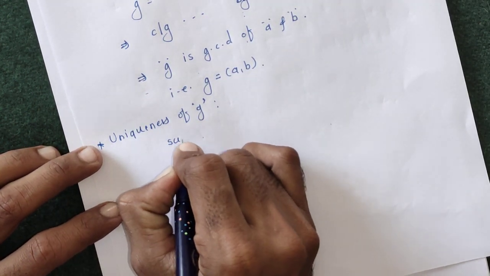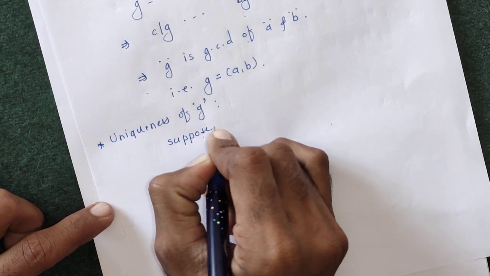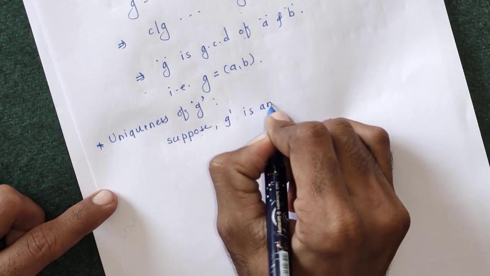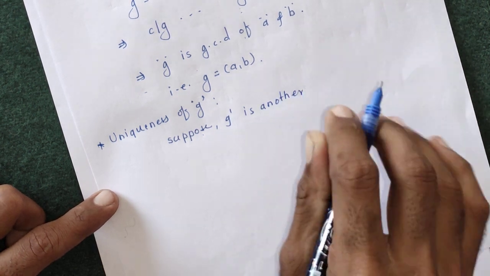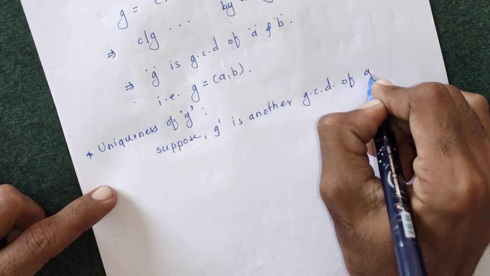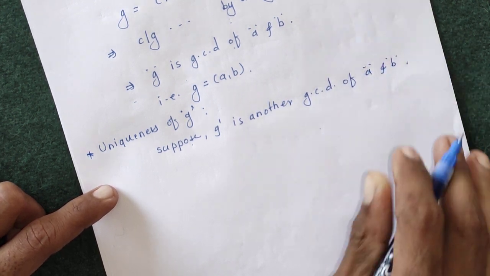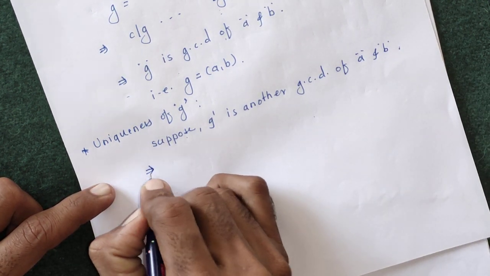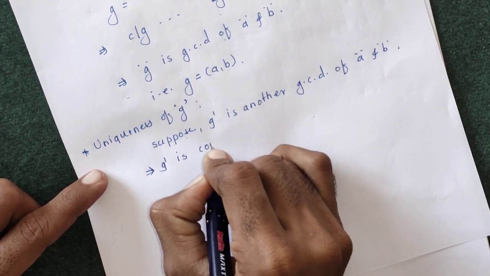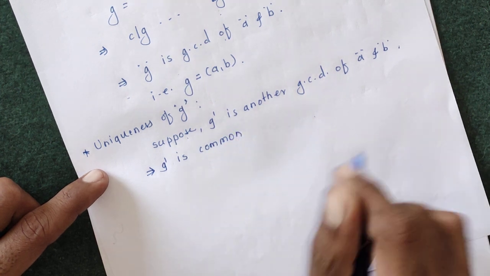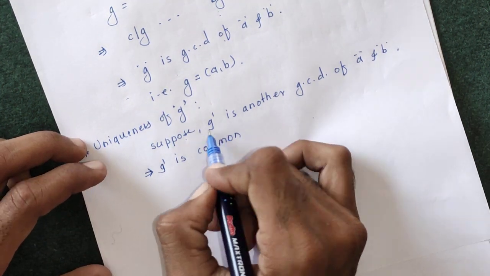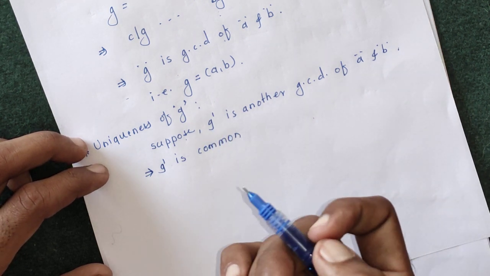That is, suppose this g prime is another GCD of a and b. This implies g prime is a common divisor. The first condition of GCD is that it must first of all be a common divisor.